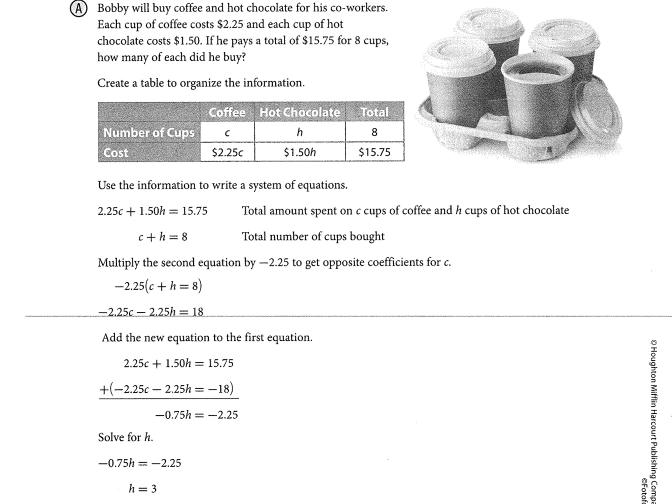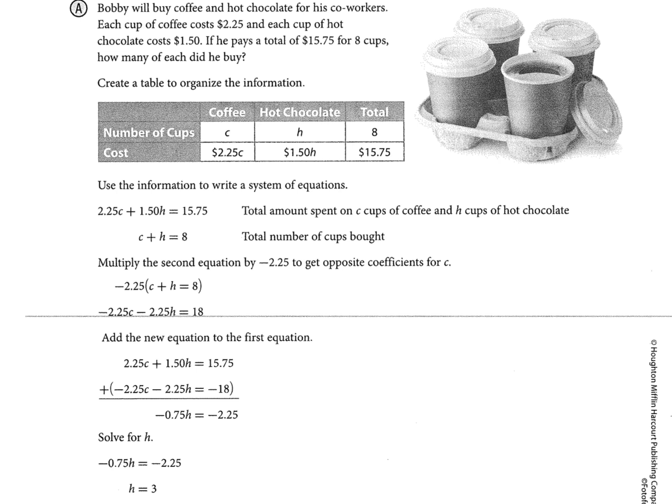It says multiply the second equation by negative 2.25 to get the opposite coefficient for C. So they're using the elimination strategy for solving systems of equations, which we talked about earlier in our 8th grade year. And the way that you use the elimination strategy is you try and create opposites.